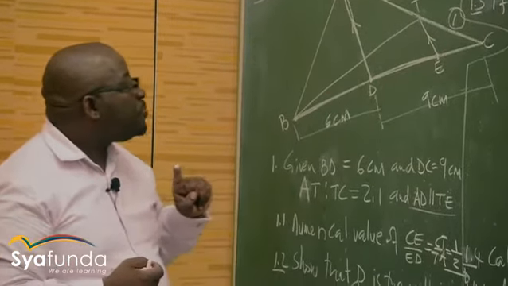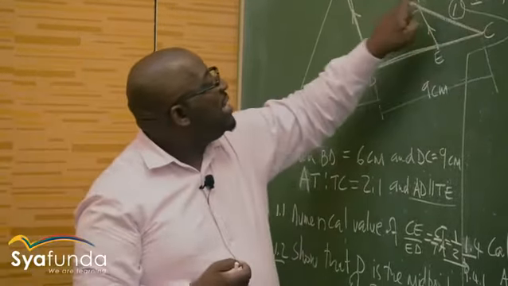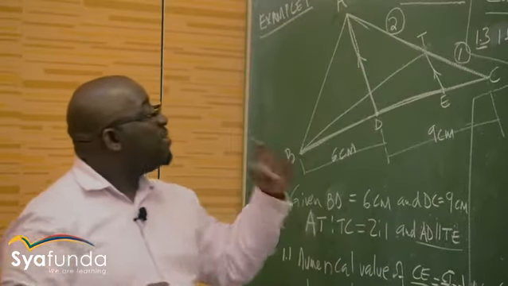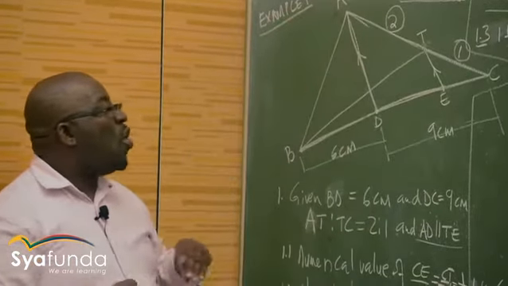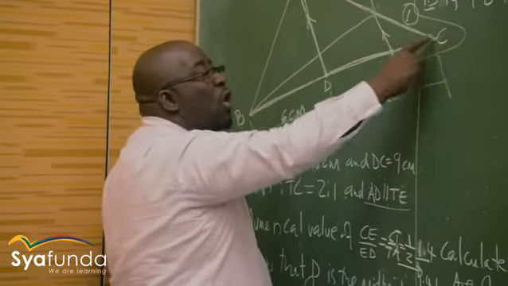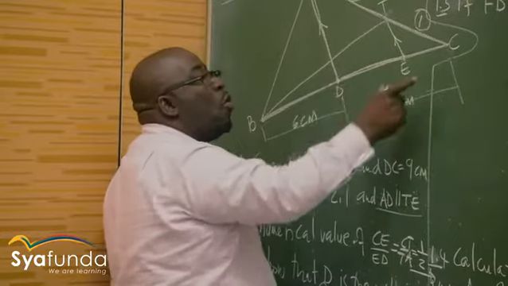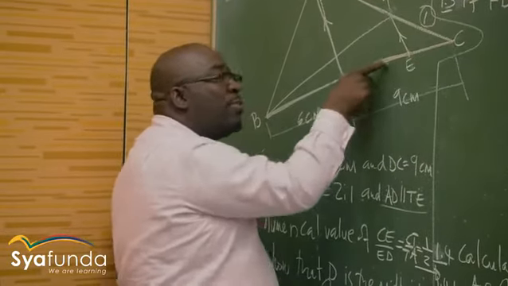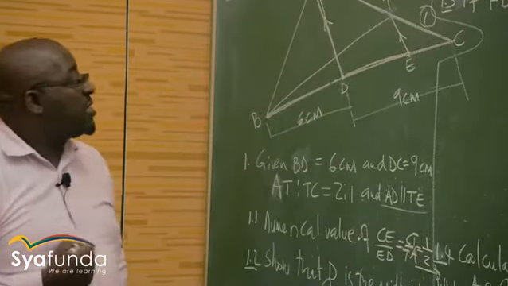CT over TA, in terms of ratio, is 1 to 2. Whatever the dimensions are, it is 1 over 2. If this is 5, then that must be 10. That is what the ratio is saying.